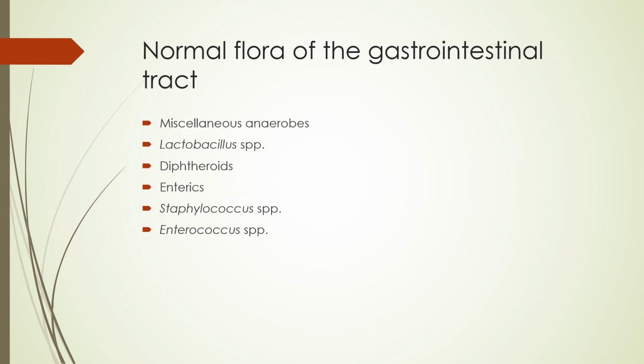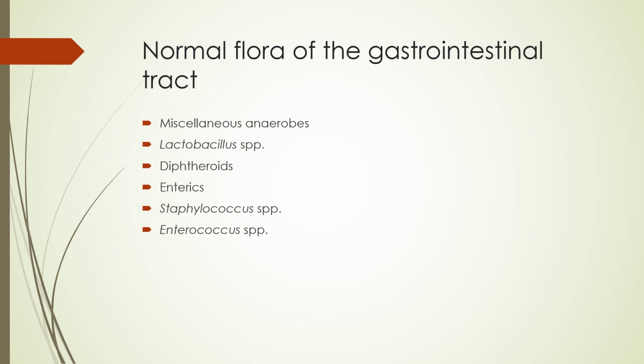In your gut, or in the gastrointestinal tract, there are many hundreds of thousands to billions of bacteria. Anaerobes outnumber aerobes about 1,000 to 1. The type of flora you're going to see in the gastrointestinal tract would be miscellaneous anaerobes, lactobacillus, diphtheroids, enterics, staphylococcus, and enterococcus, which is essentially a streptococcus of the gut.